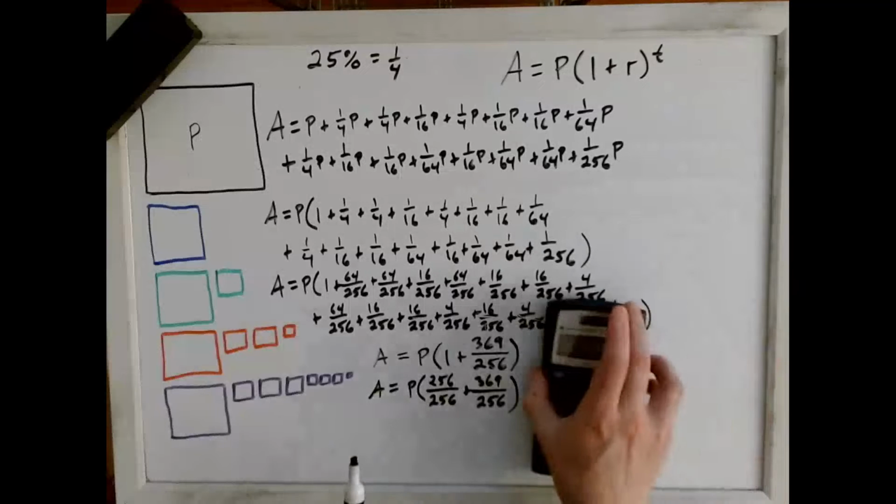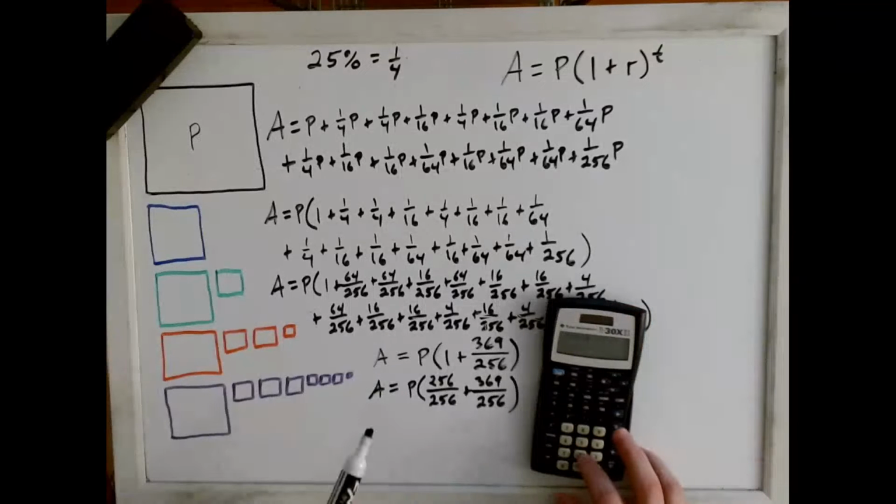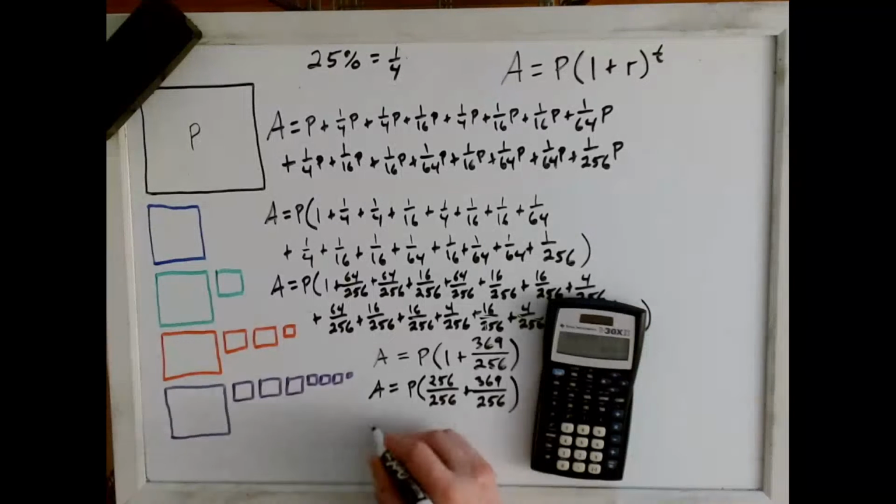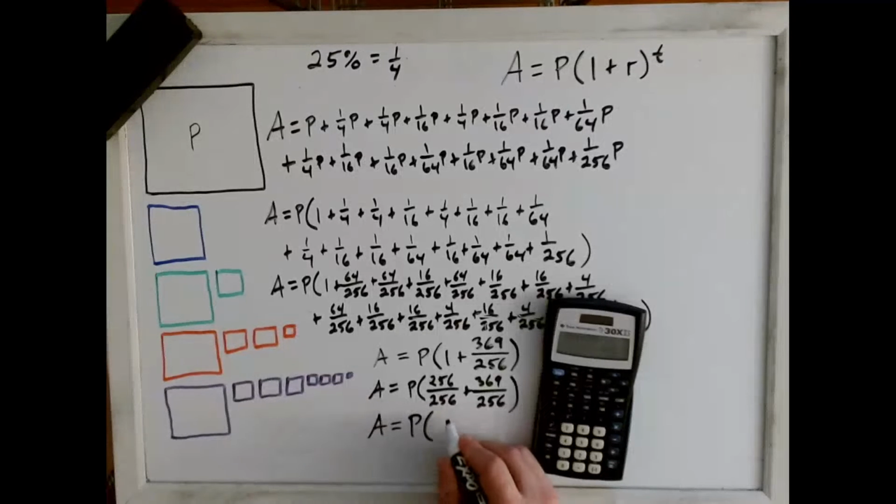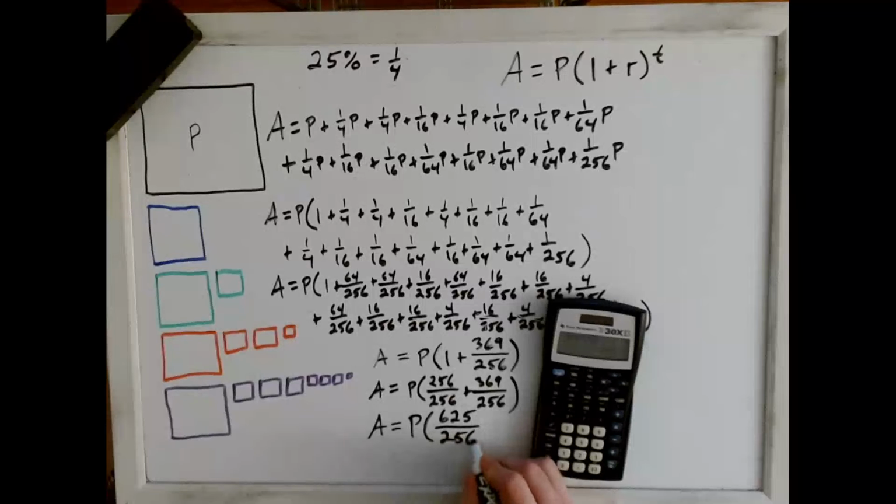So our amount is our principal times the fraction 625 over 256.